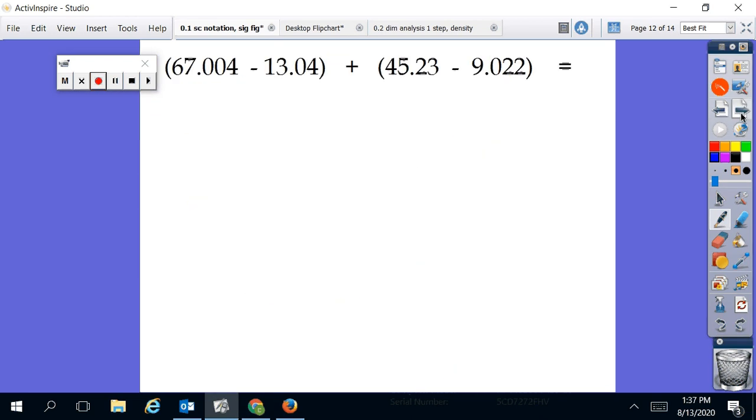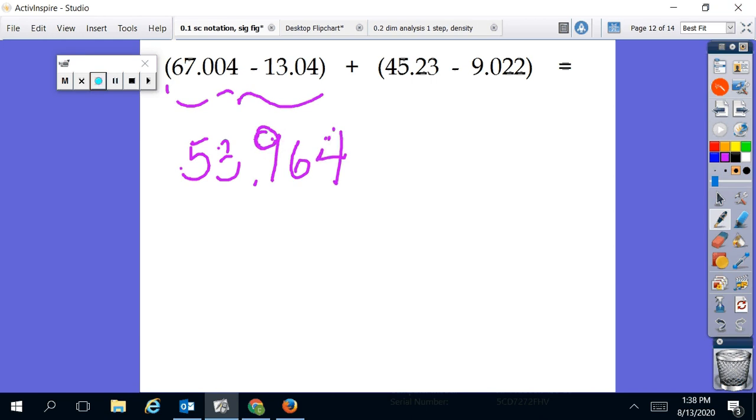Now here's another problem we can do together. We do have parentheses, so we could do the numbers in parentheses first and make sure we round to the appropriate sig fig. The first thing, we'll do this side in purple, and when I do it in my calculator, I get 53.964.